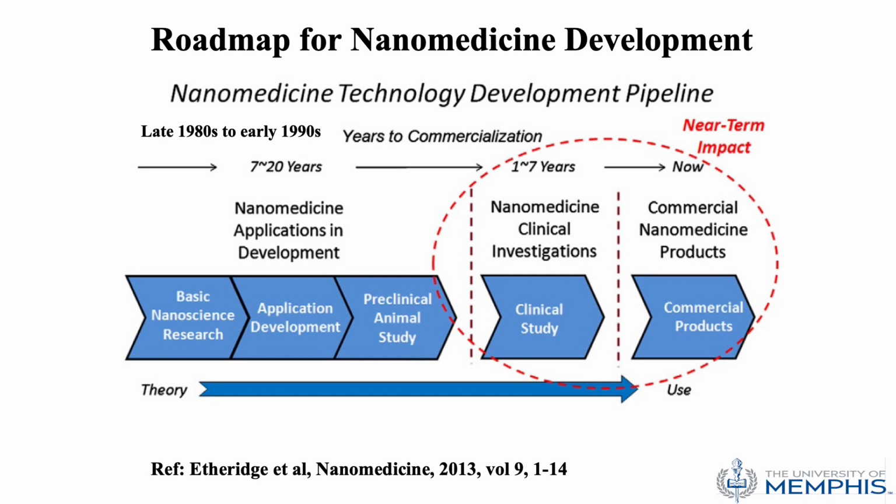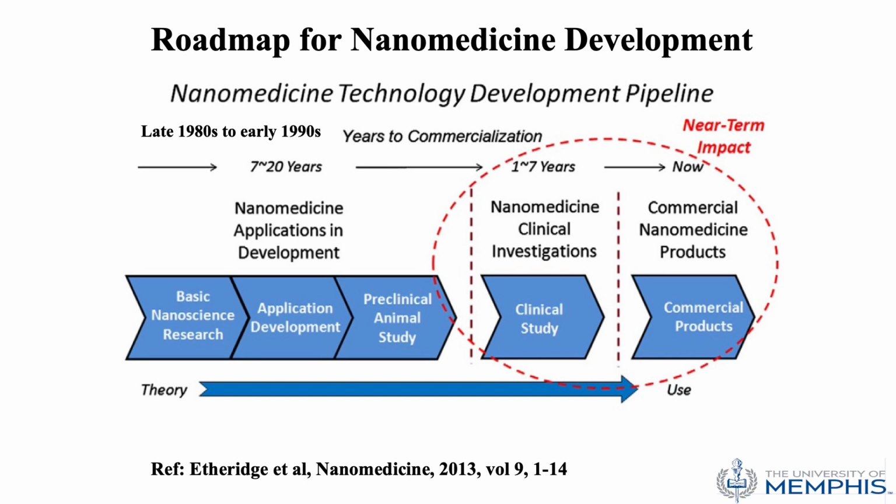Now, here's a roadmap for nanomedicine development. It probably started in the late 1980s to the early 1990s, and that's where the basic nanoscience research began. Scientists began to be able to prepare these nanoparticles and find unique properties associated with them, and applications began to be developed.